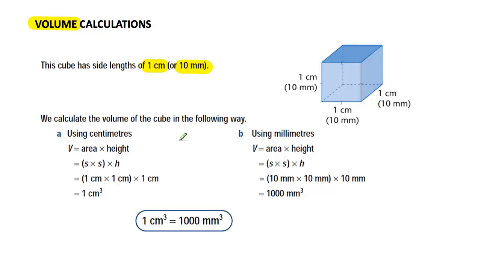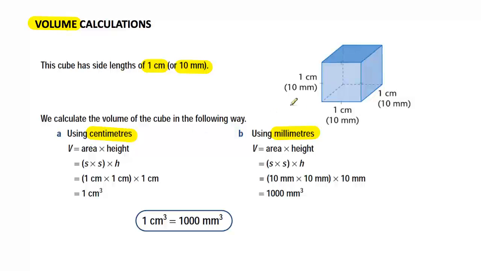Now when we're going to do conversions between centimetres and millimetres in straight lines, we know that there are 10 millimetres to 1 centimetre. But if we're going to do some calculations with either centimetres or millimetres, we need to work out different size units. So in this case, the volume, as you're probably aware, is equal to the surface area of one end times by the length or the height of the object.